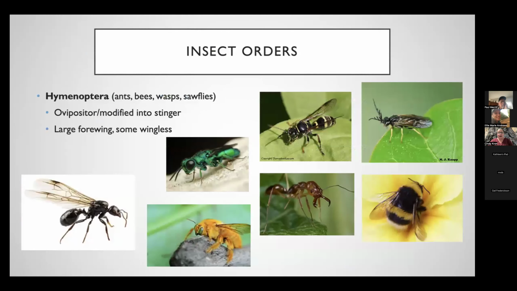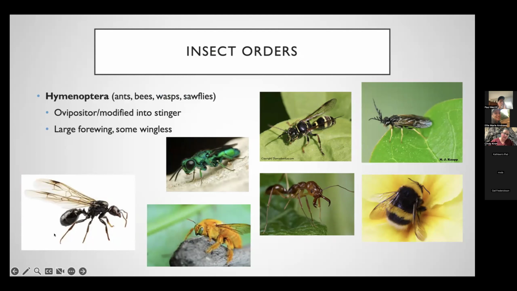Okay, Hymenoptera, ants, bees, wasps, and sawflies. So the ovipositor can be modified into a stinger. The ovipositor would be at the very tip of the abdomen here. I don't have a good photo that shows it. Some insects in this order will have a stinger instead.